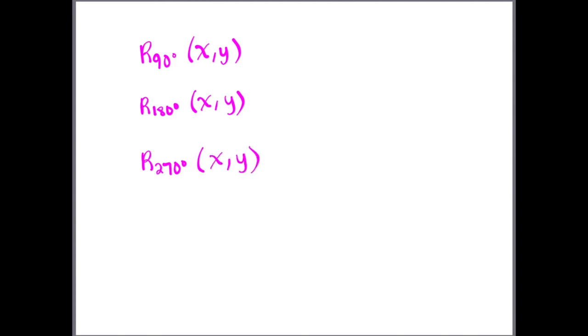And where will that take me? So I want you to visualize this as well. So what the rule for 90 degrees told us is that we change the order and change the sign of the original y. So that's where we would end up.